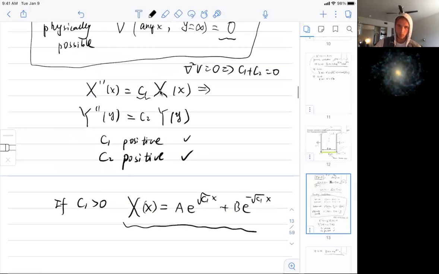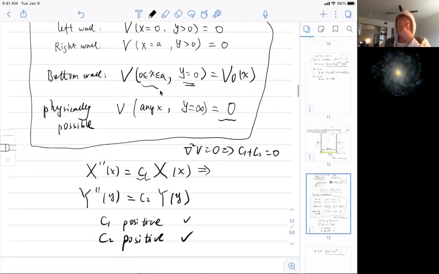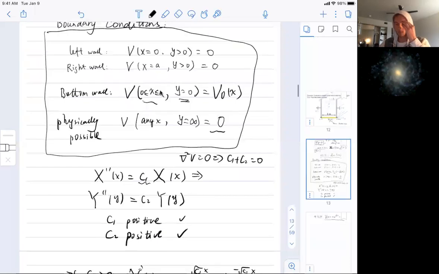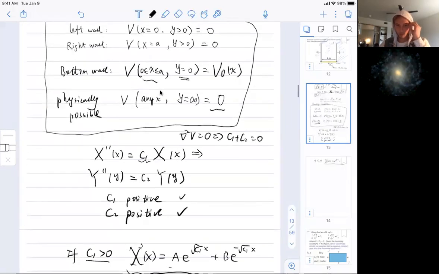So my question is, if C1 is positive, x will look like this. Do you think this function will be able to satisfy our boundary conditions that are listed right here? I'm going to let you stare at it for a little while. And if you have any thoughts, please let us know. Could this format satisfy these boundary conditions?